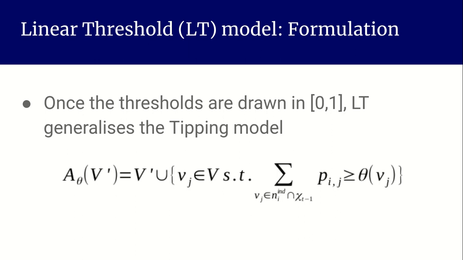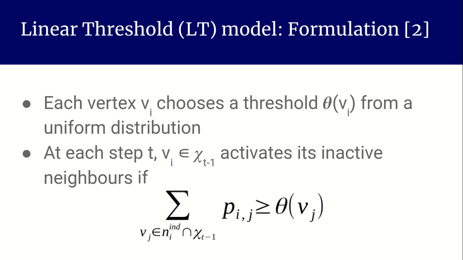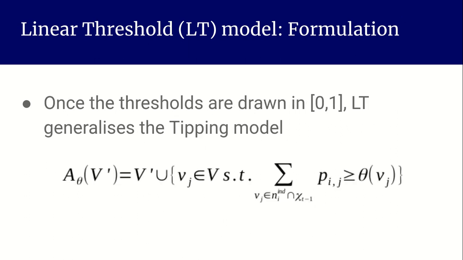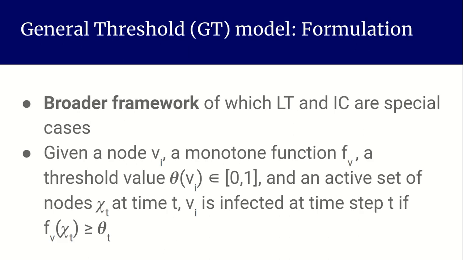So the activation function condition can be rewritten by replacing the condition of the tipping model with what we specified in the previous slide. Now, finally, the most general model is the generalized threshold.